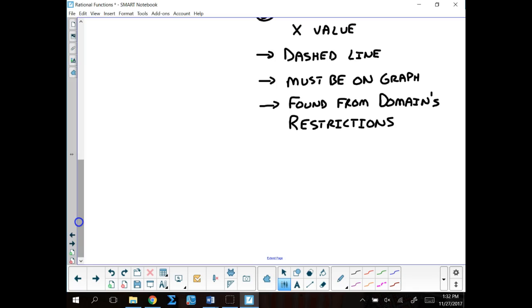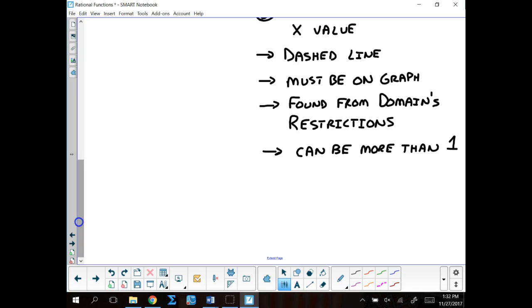however many numbers that make my denominator be 0. Okay.